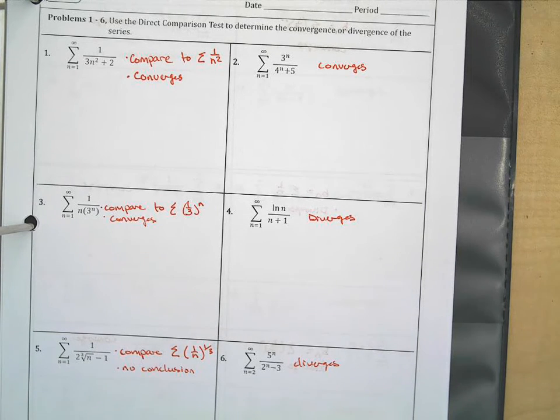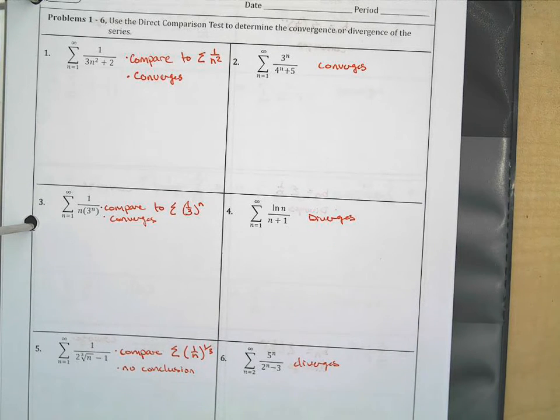The one thing I can tell you is the natural log of n is less than n as n increases. So this one diverges. The natural log of 5 is less than 5.